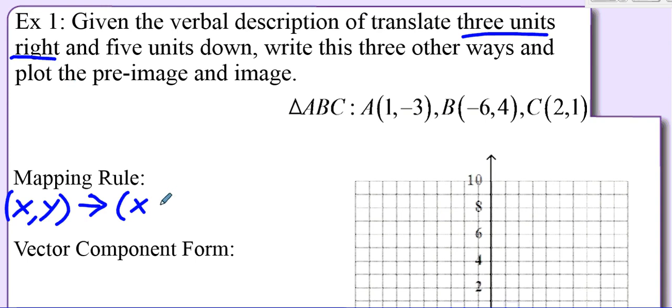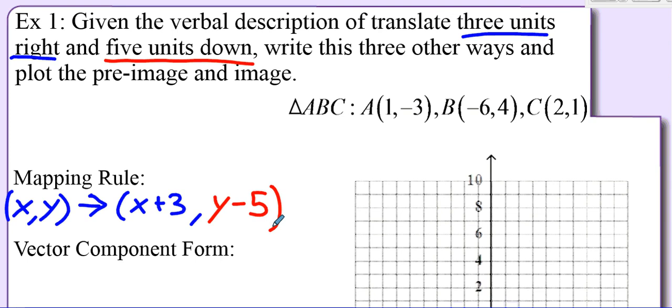So we're going +3. And then we're going to go 5 units down. So down goes with the y, and down would be negative. So that's our mapping rule.